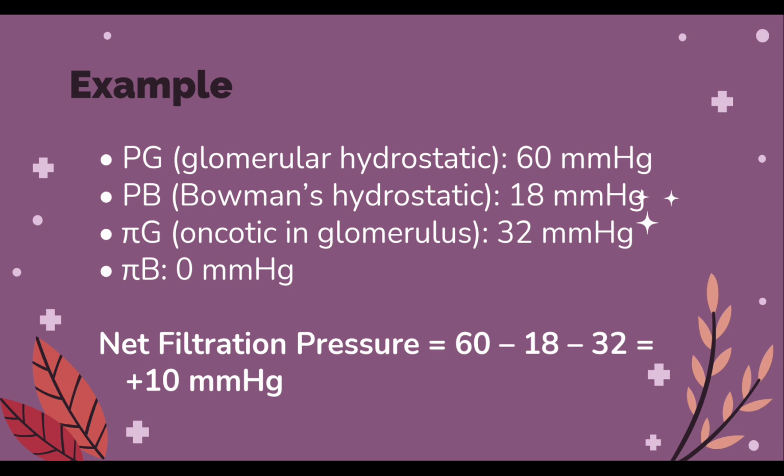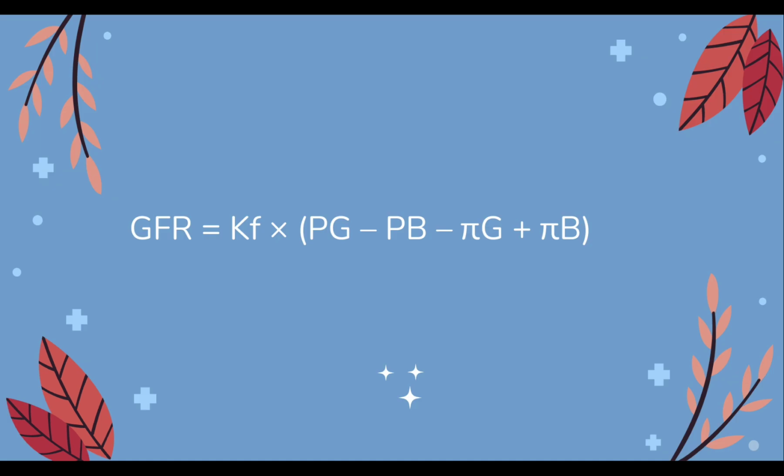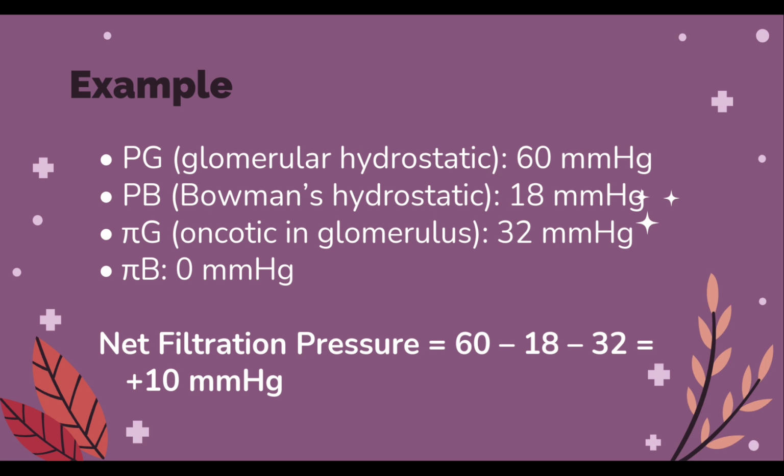So this is an example to calculate the net filtration pressure. Try it and get the answer. It's simple. You just have to put these values into the equation and get the net filtration pressure.